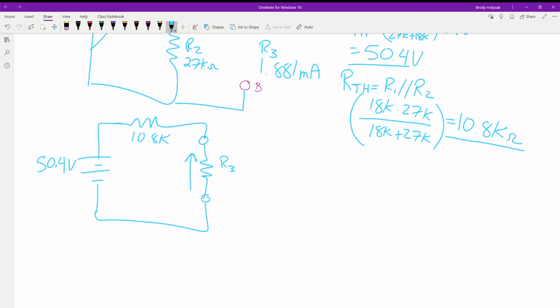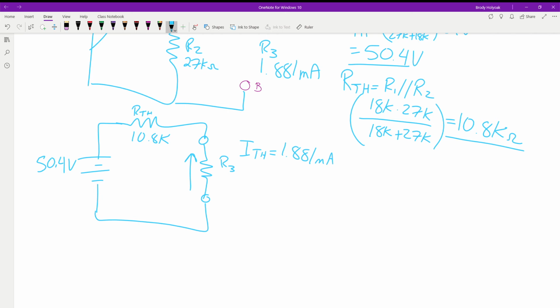So the current through here, I Thevenin, is 1.881 milliamps. Because that's the whole point of Thevenizing something, is it's to give us the voltage and current of that component. So, if we have 1.881 milliamps going through R3, what do we have going through R1? The same thing, because they are in series. Or sorry, not R1, R Thevenin.